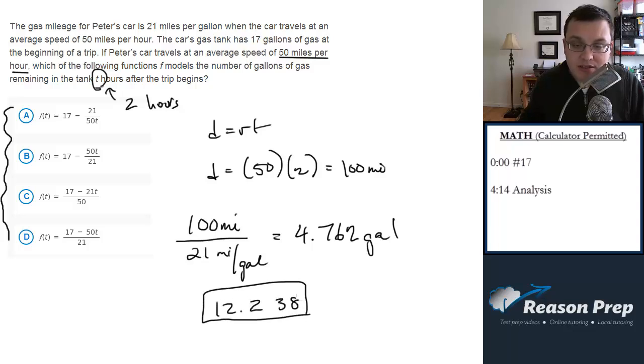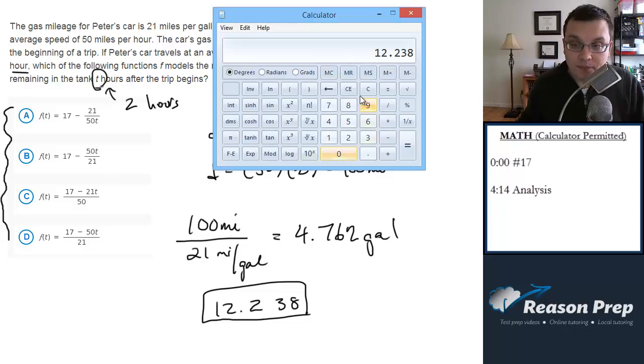Now we go to the choices and we plug in our T, and we see which one gets us 12.238. So let's look at A. In fact, we can even do one step quicker. These two right here, 17 minus some quantity. This minus quantity better be 4.762 in order for this whole thing to equal 12.238. So that's a little bit quicker.